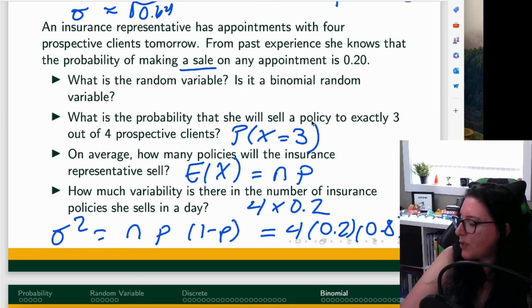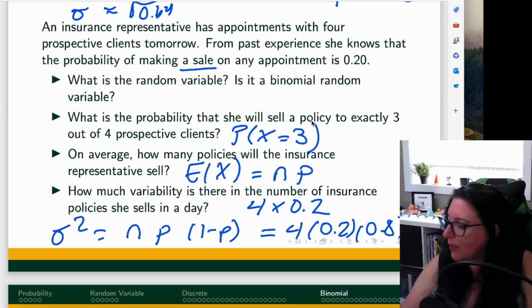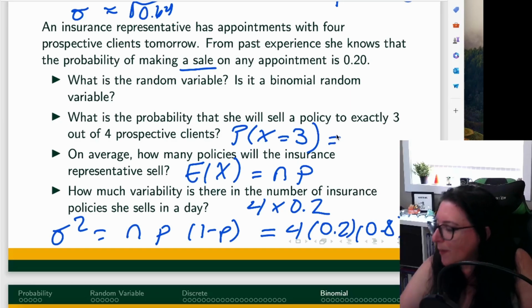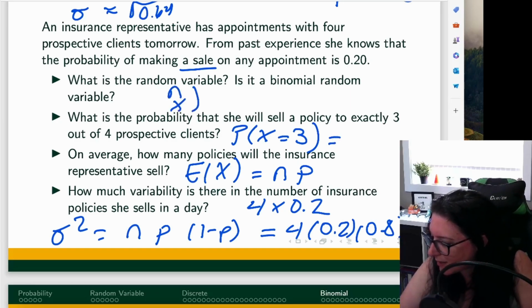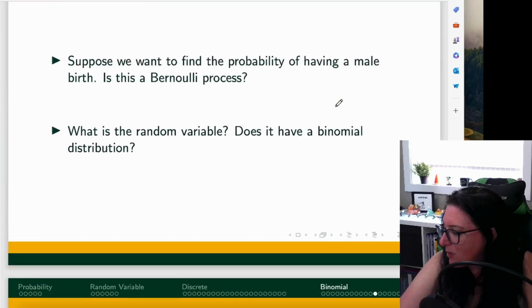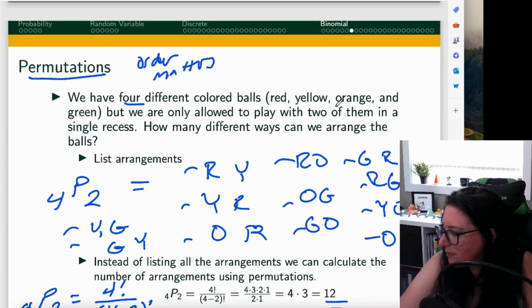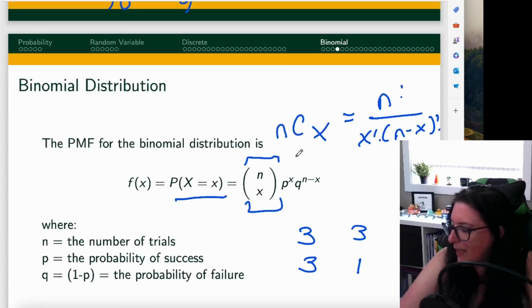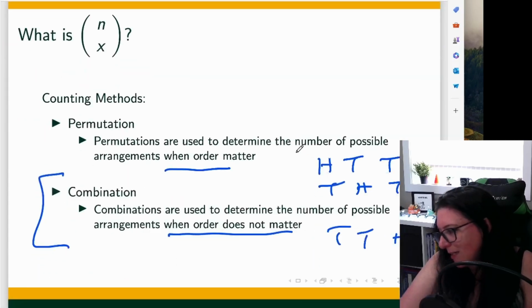What is the probability she will sell a policy to exactly 3 out of 4 prospective clients? Here we're using our binomial distribution. We could use the full-blown formula, n choose x, p to the x, q to the n minus x.